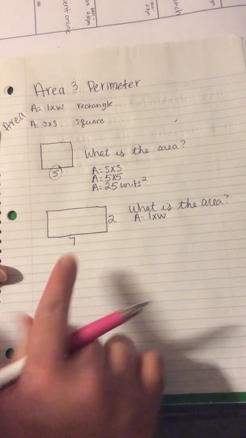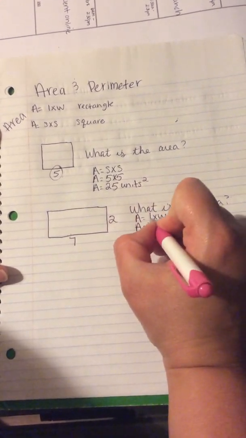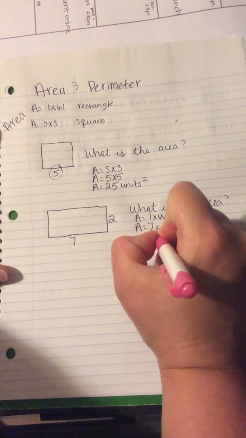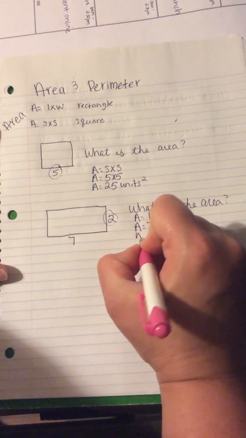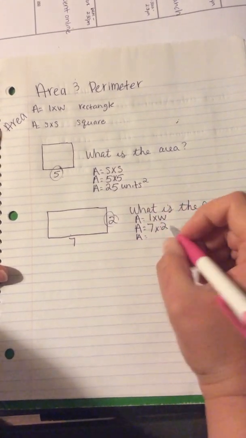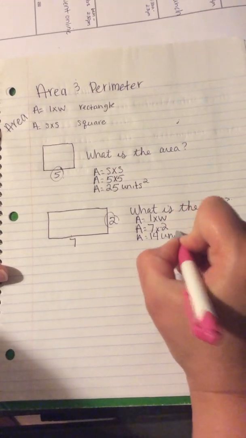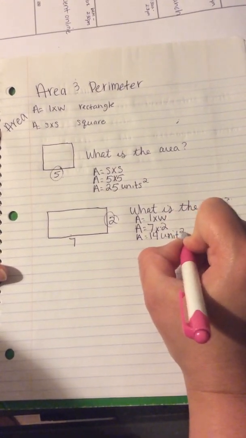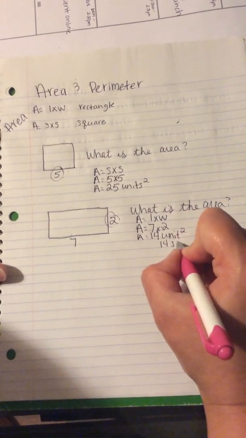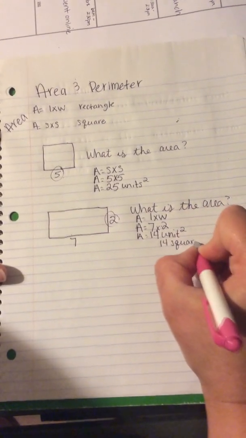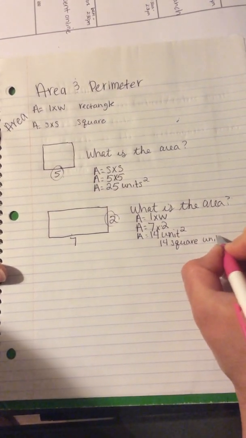Looking at my shape, my length is 7. So I'm plugging in 7 for my L. My width is 2, so I'm plugging in 2 for my width. 7 times 2 is 14, and I must label my units. It could also be written as 14 square units.